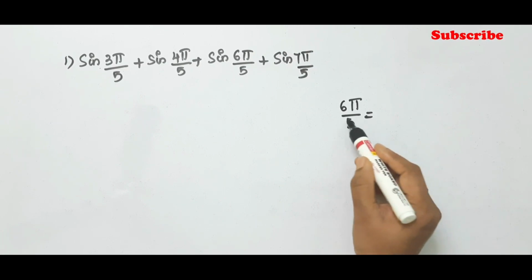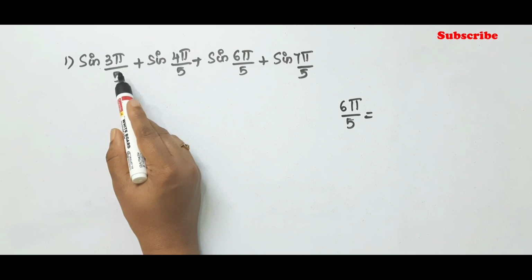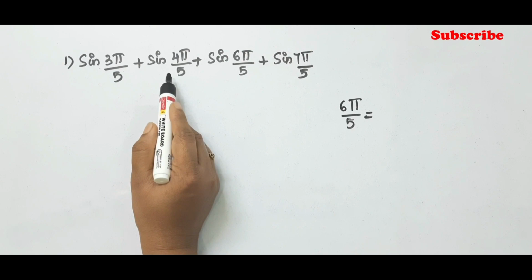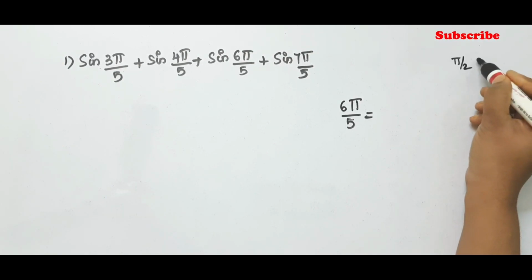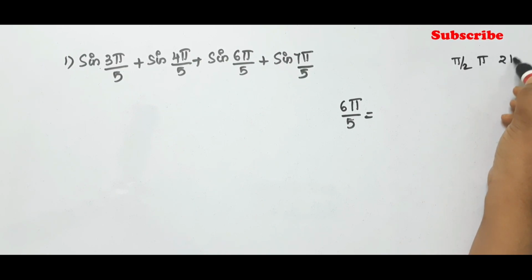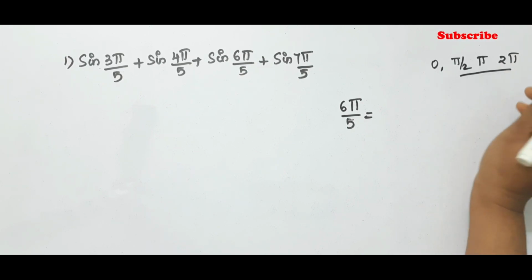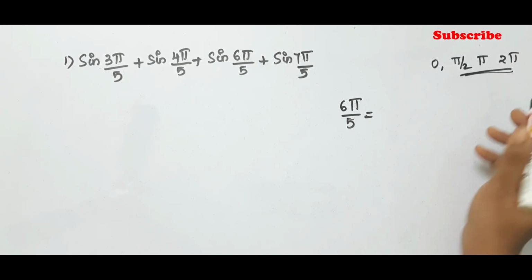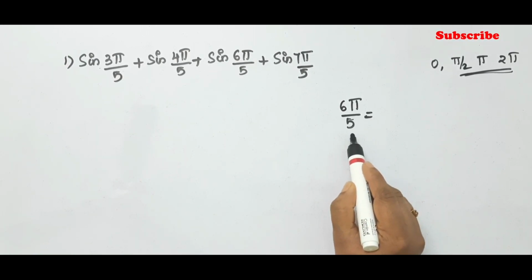So if you observe, here 3 pi is there, so we cannot get 6 pi by 5 that way, is it not? Among the quadrants, the angles are pi by 2, pi, 2 pi, and usually 0, is it not? Among these angles, we have to use them such that 6 pi by 5 can be split as a sum or difference of two angles.